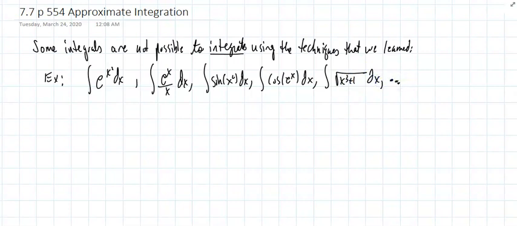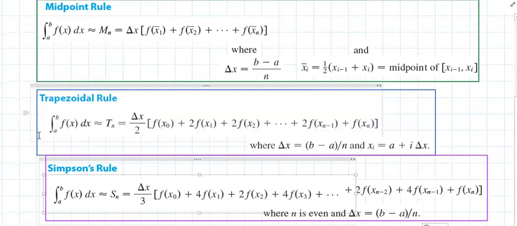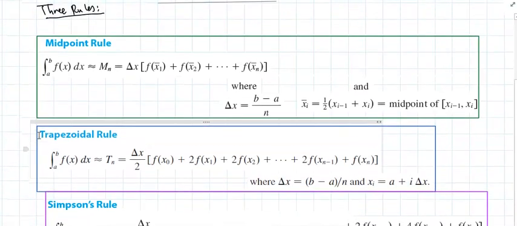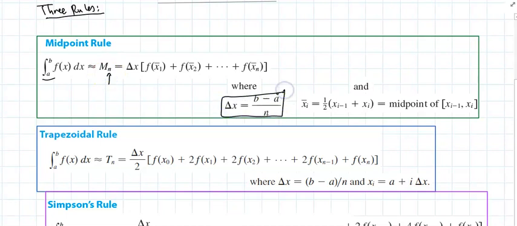So, we really approximate using three rules. We have three rules to consider. One we already know, that's the midpoint rule. So the midpoint rule: if I want to integrate the integral from a to b of f of x dx, using n subintervals, delta x is b minus a over n, the usual.